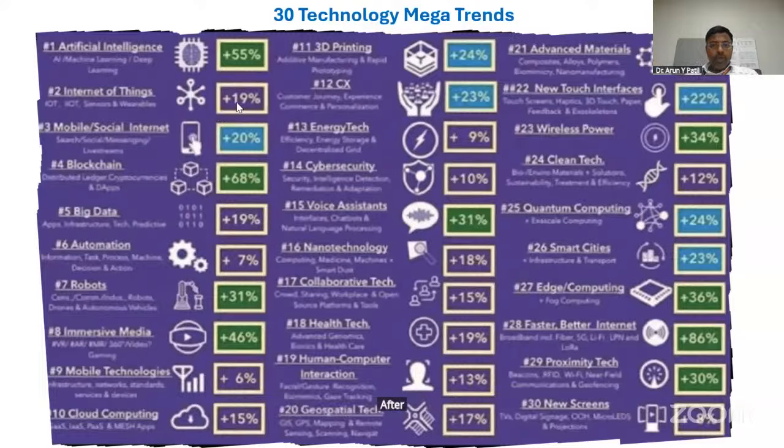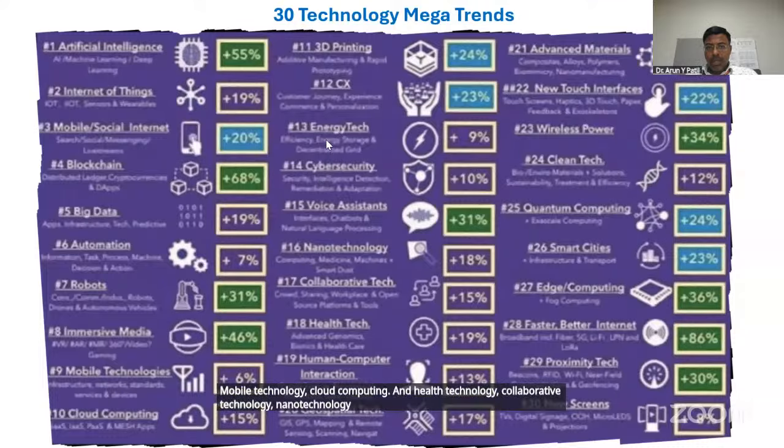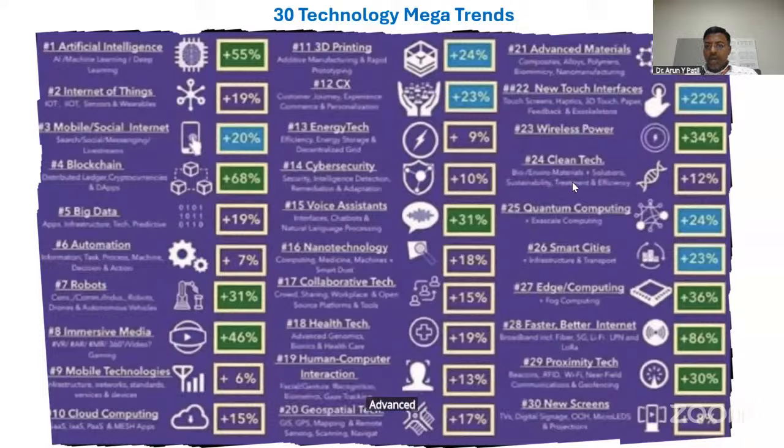After this, you have Internet of Things, big data, automation, mobile technology, cloud computing, health technology, collaborative technology, nanotechnology, cybersecurity, energy tech, advanced materials, clean technology. All these areas will be in the next level.